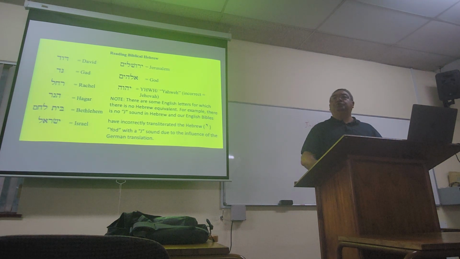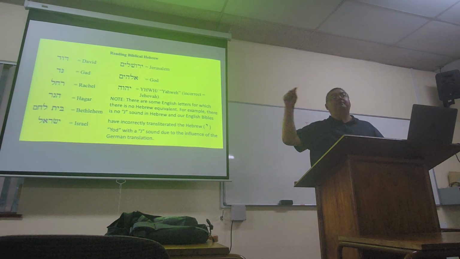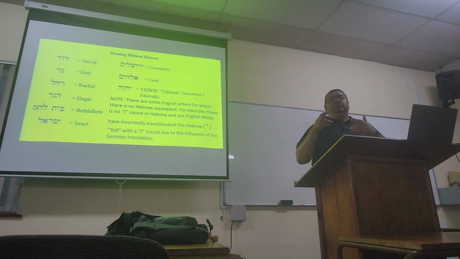And modern Jews will use the word for the name in Hebrew when they come to the tetragrammaton. They will say Hashem. The word Hashem means the name. And so that's what modern Hebrew has done. They come to the tetragrammaton, they will say the name. In other words, in the text, it's the divine name, but we don't say it.